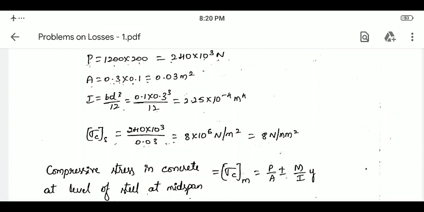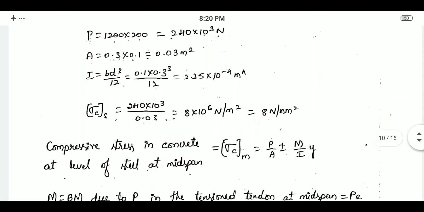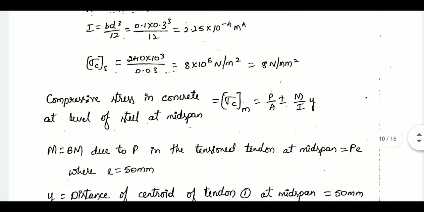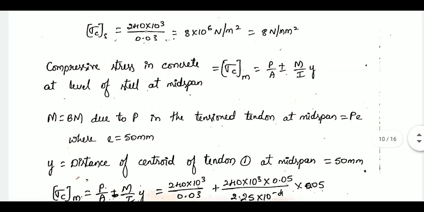Okay, then compressive stress in concrete at level of steel at mid span. So here we have eccentricity of 50 mm for both second tendon as well as first tendon. So here P into e, e is the eccentricity of the second tendon, it is 50 mm, and 50 mm for the first tendon, that is the y value from centroidal axis, we have first tendon at 50 mm distance.